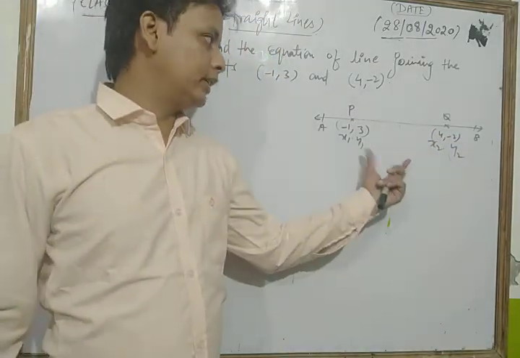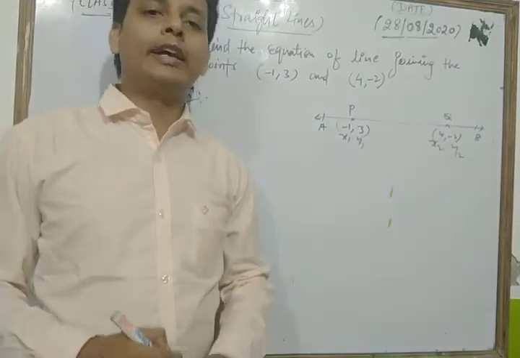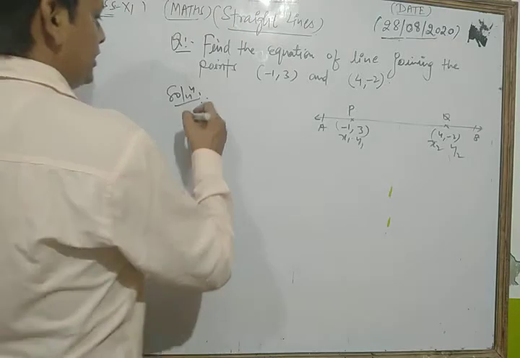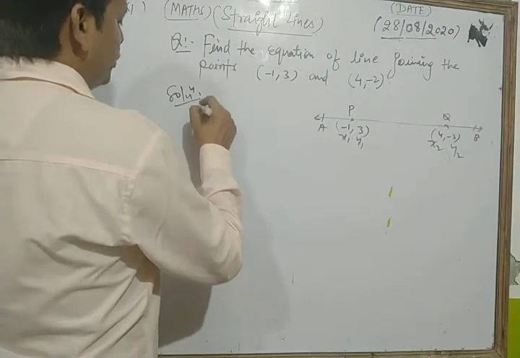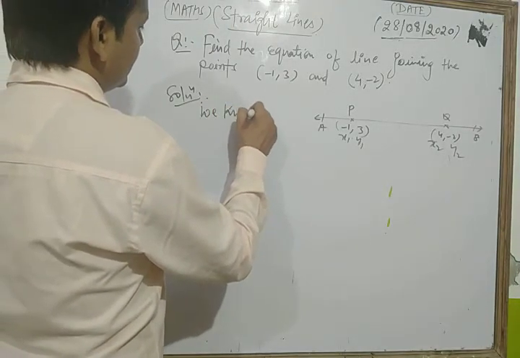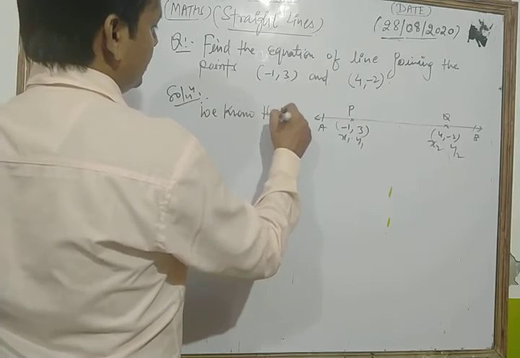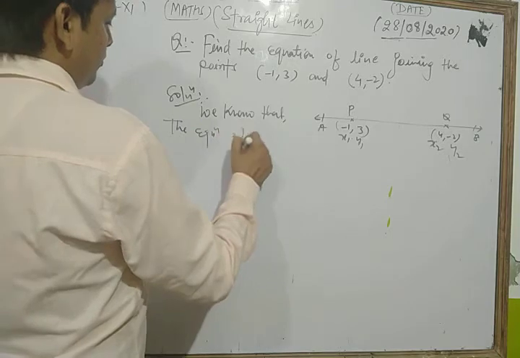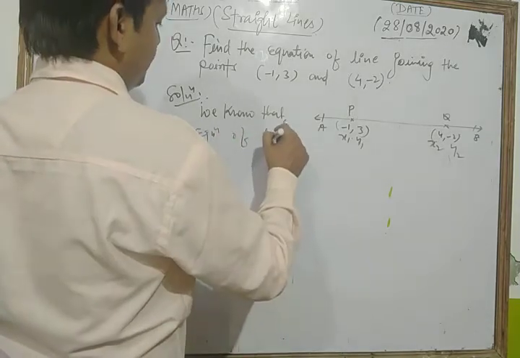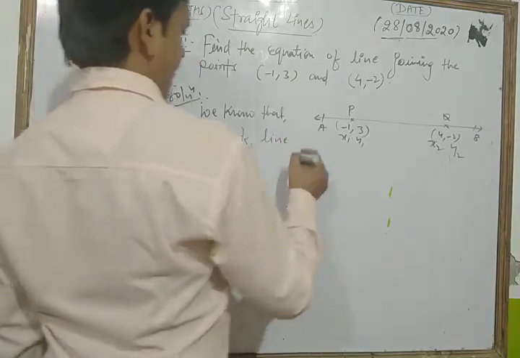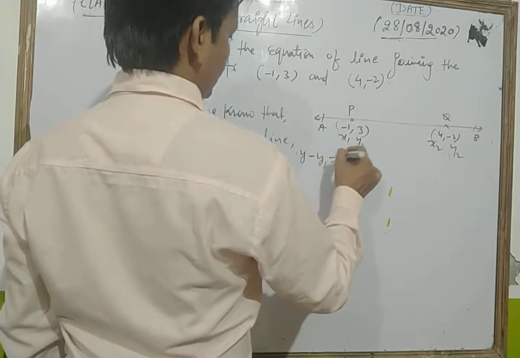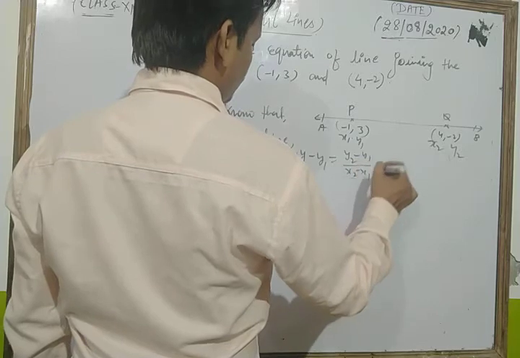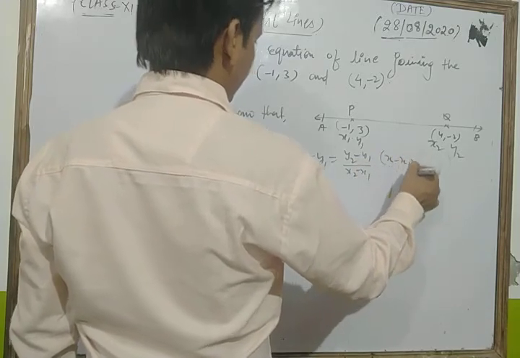We know that the equation of line passing through two given points is y minus y1 = (y2 minus y1)/(x2 minus x1) times (x minus x1).